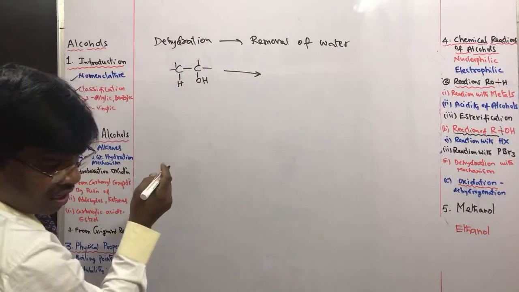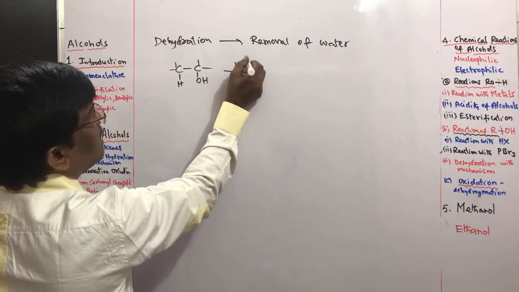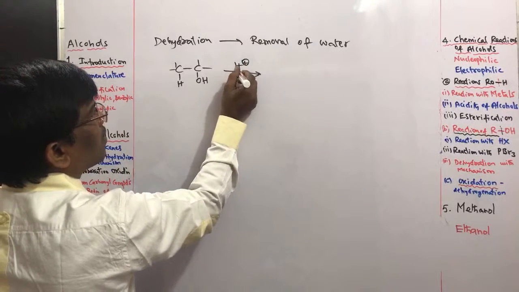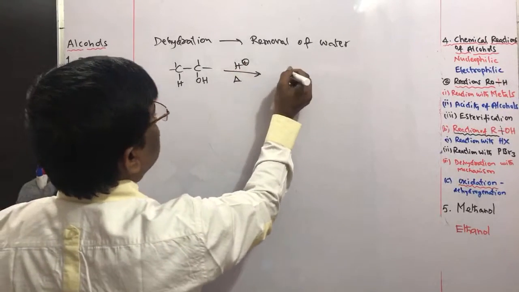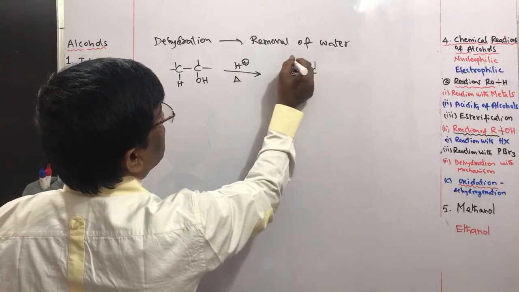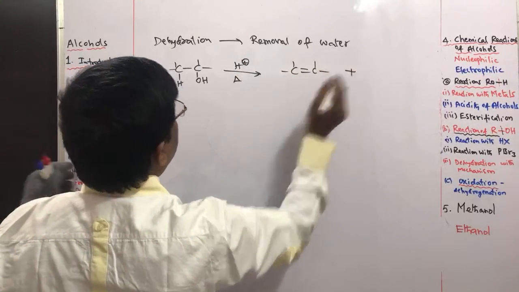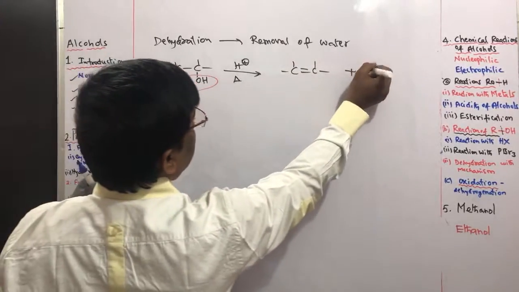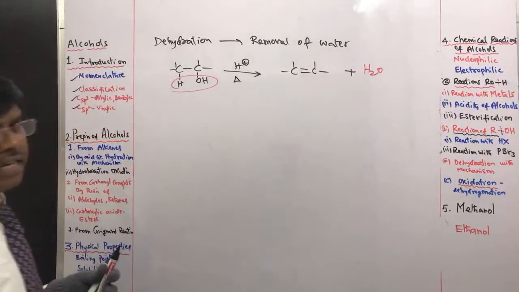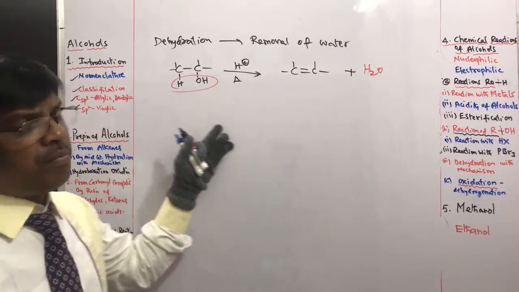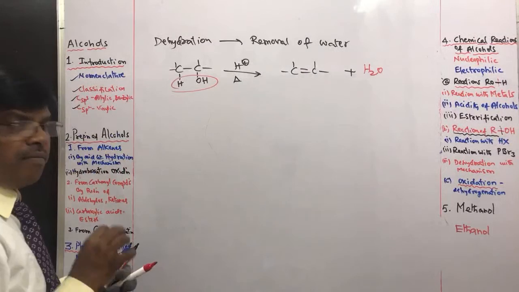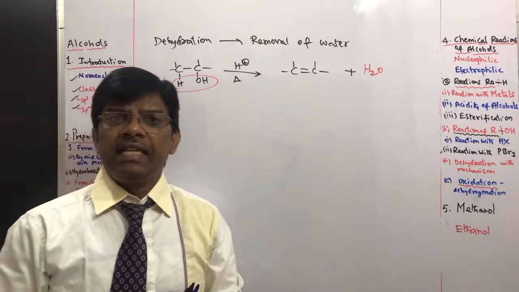upon heating with acid, I am going to get alkene plus, it is going out as water, minus water. This dehydration step is also one of the distinguishing tests, where dehydration of primary alcohols is very tough.